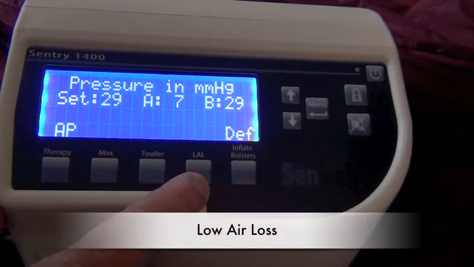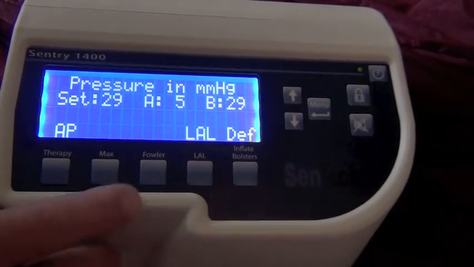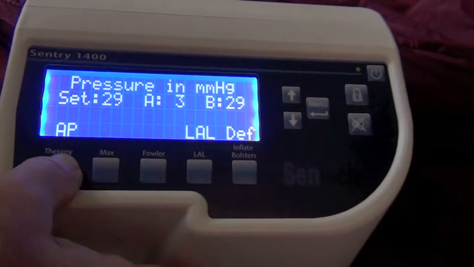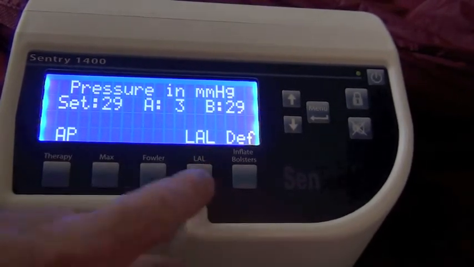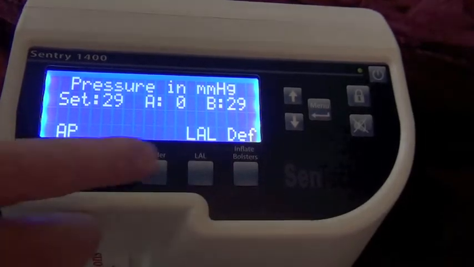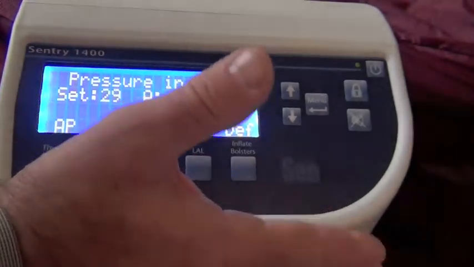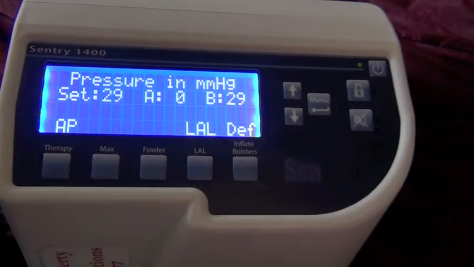The next button is the low air loss feature. And what's interesting about this system is you have the opportunity, as you do with the alternating pressure over here, to choose whether or not you want a low air loss. The low air loss and the alternating pressure are completely independent systems on the ST1400.